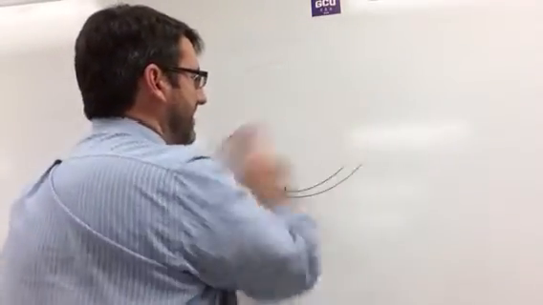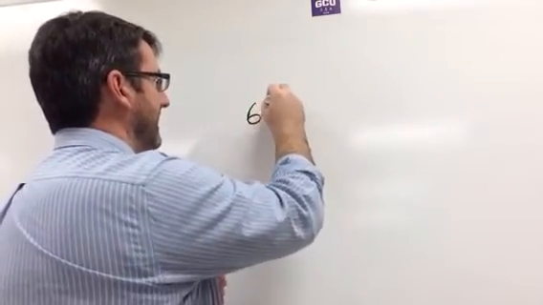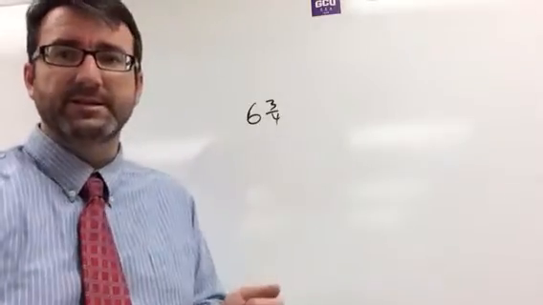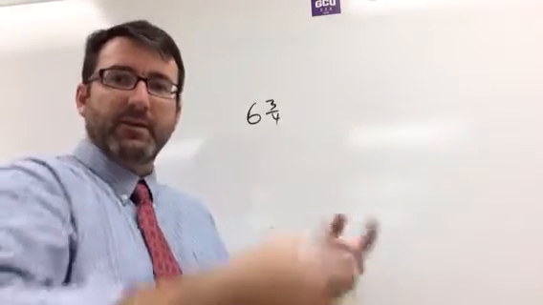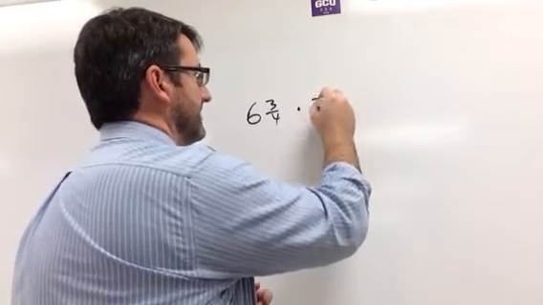And to find that out, all we have to do is take that 6 3/4 rotations and multiply it by the number of degrees in a full rotation, which is 360.